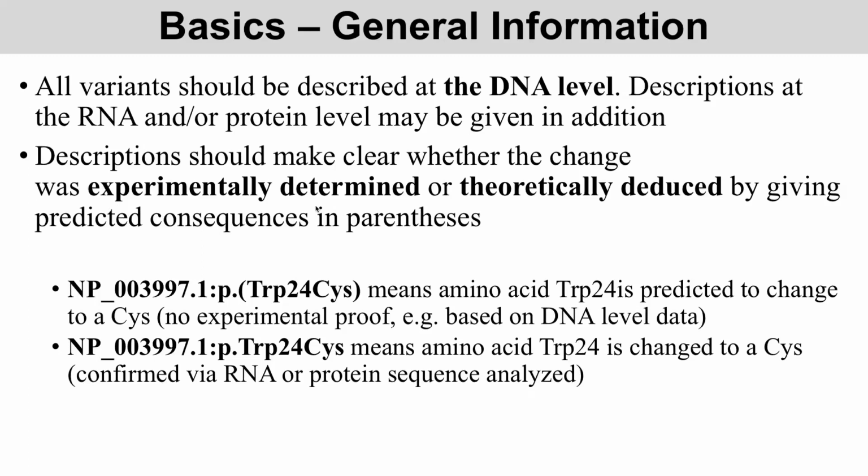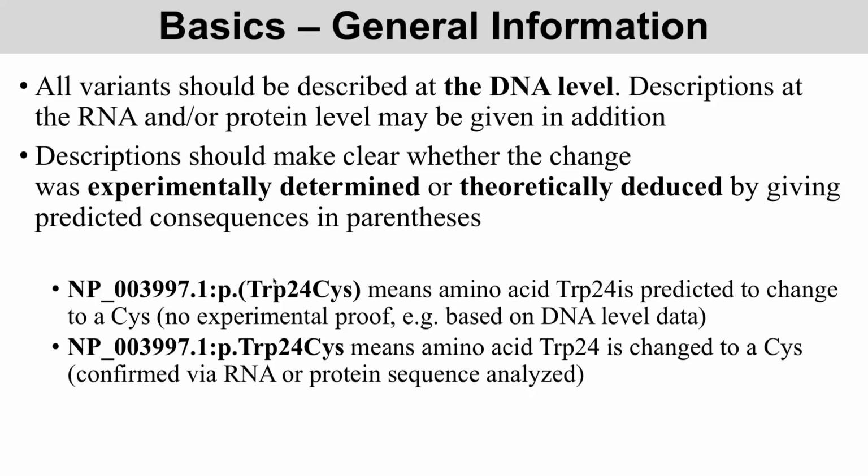Additionally, the HGVS calls out the difference between when a change is experimentally determined versus deduced, and that's shown by whether or not they use parentheses. So technically, whenever we're saying this cDNA change goes to this protein change, you're supposed to use parentheses after the p. to indicate we have never experimentally proven that this protein change is actually what's happening.